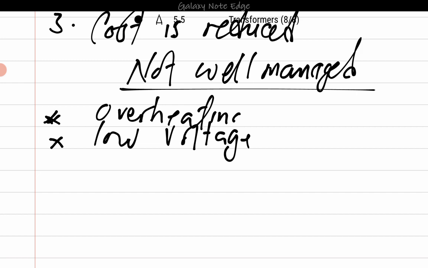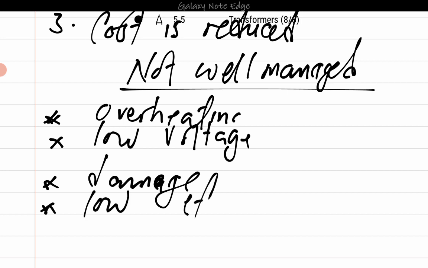And of course, you have increased damage to material. You are also looking at loss of efficiency, so that is low efficiency. That is if this transmission is not well managed.